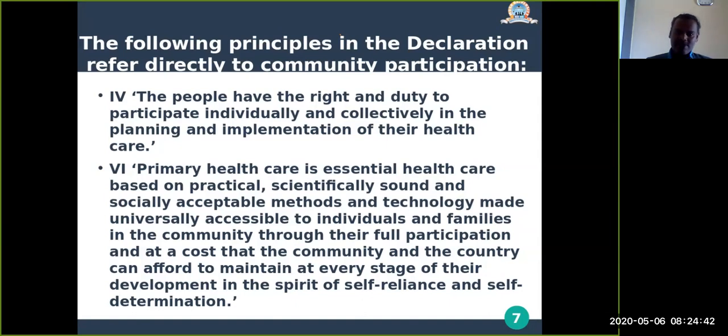So declaration number 4 clearly emphasizes the rights and duties of individuals and of the community, individually and collectively, in planning and implementation of the healthcare mechanisms.